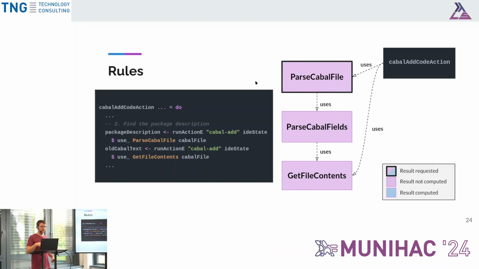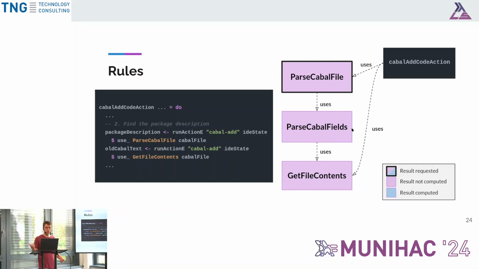So that means that the cabal code action wants the result of that rule. And what does the build graph do? First, it will notice, okay, there is no result available right now, so I cannot provide any result right away. Then it will check its dependencies. In this case, the dependency parse cabal fields, and check whether parse cabal fields already has a result.